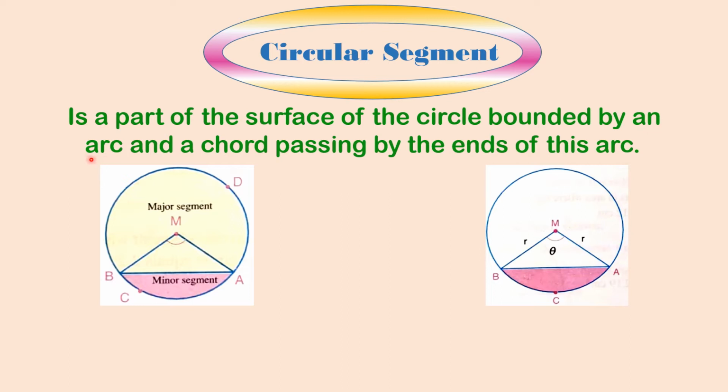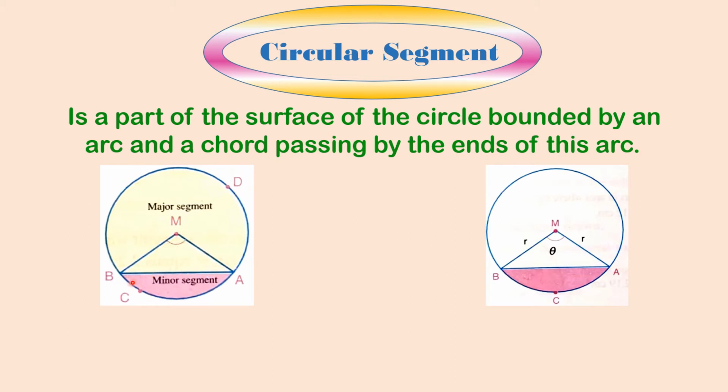An arc and a chord passing through the ends of this arc. Where is the chord? The chord is AB. Where is the arc? ACB is an arc and ADB is another arc. So in this circle we have two circular segments: the small one, called the minor segment, and the large one, called the major segment.